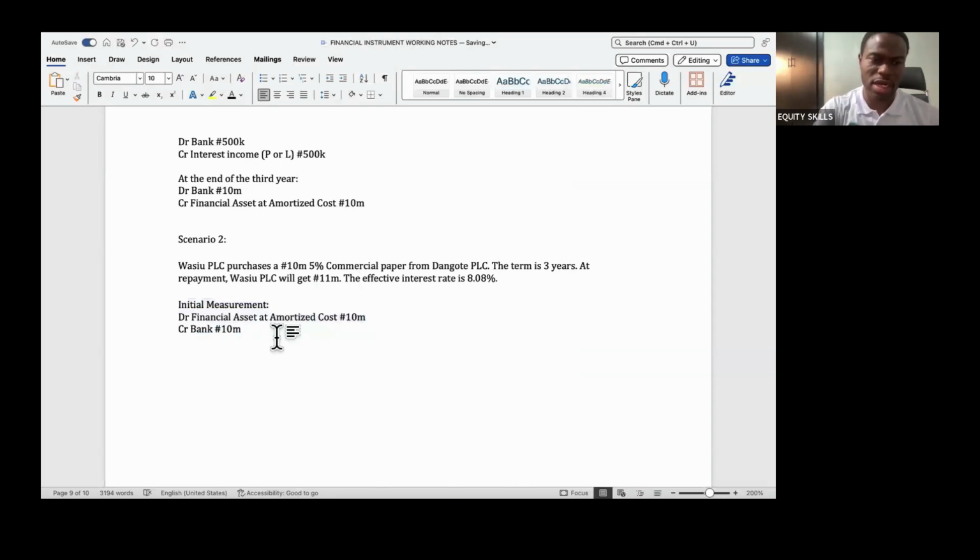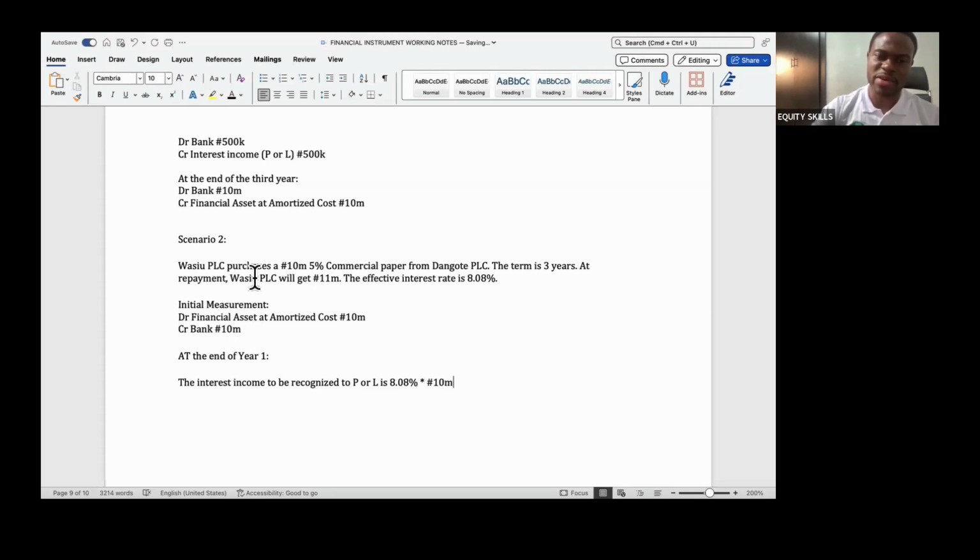Now, at the end of year one, the interest income to be recognized to P&L is 8.08% multiplied by 10 million.